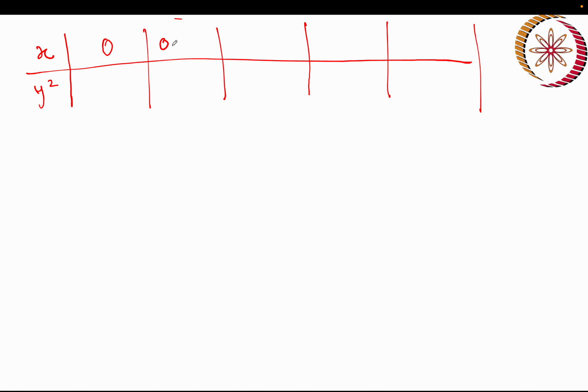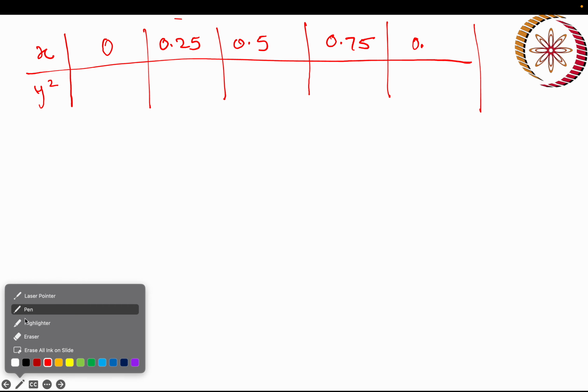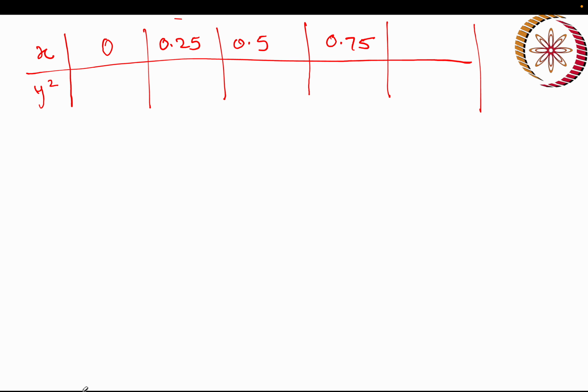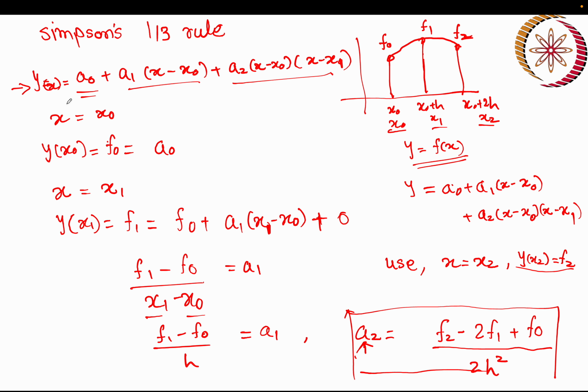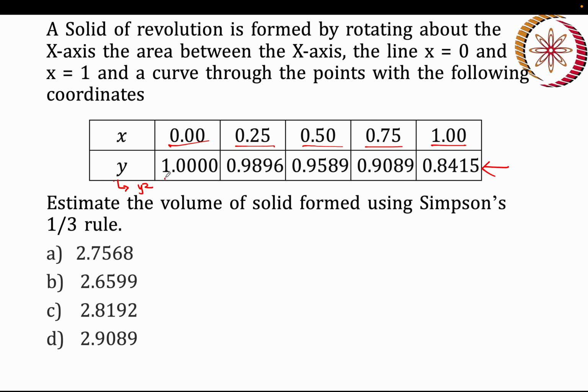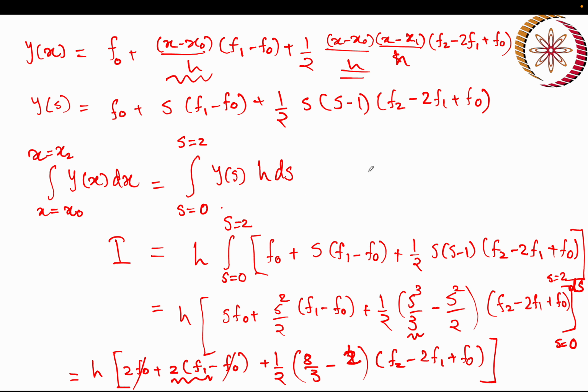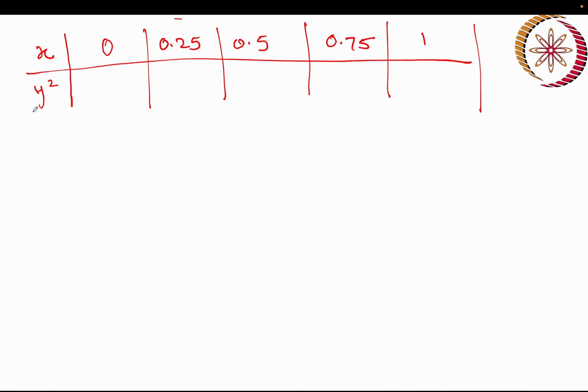Now the value which is given is y, so I will directly write the square of these values, because we don't need the y values, we are actually interested in y square values.